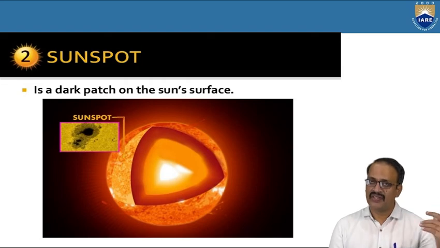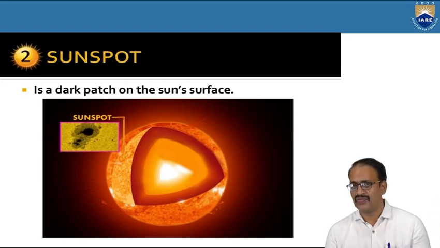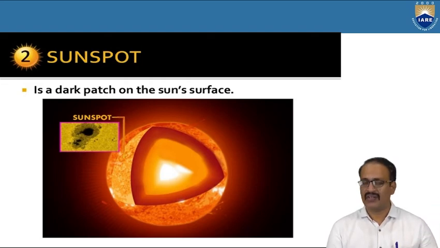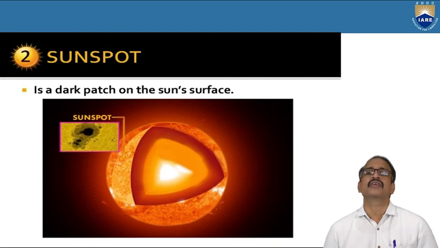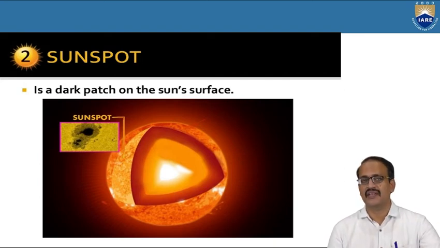Because of the disturbance, they will tell that your cell phones may not function properly for some time, and your TVs and radios may not work properly. This happens because of these explosions, which indirectly we can see as the sunspots. They call it a solar cyclone.